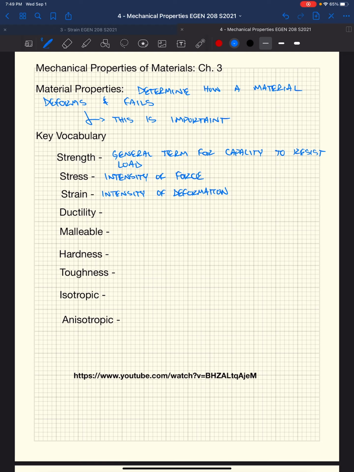Ductility: ability to be permanently stretched under a tensile load.